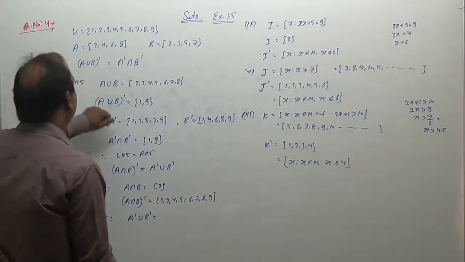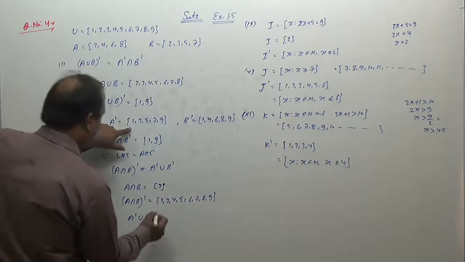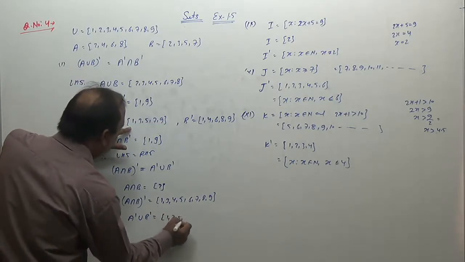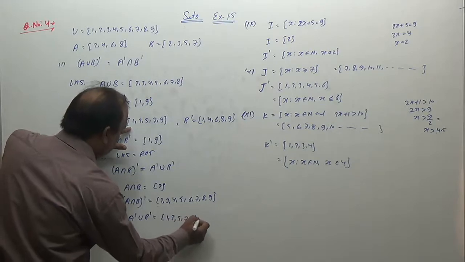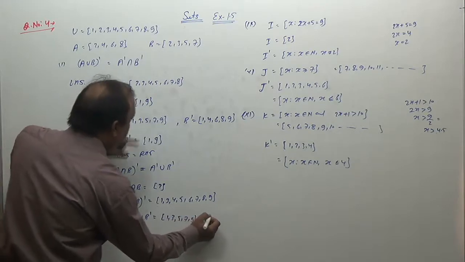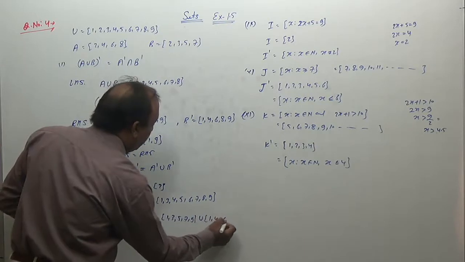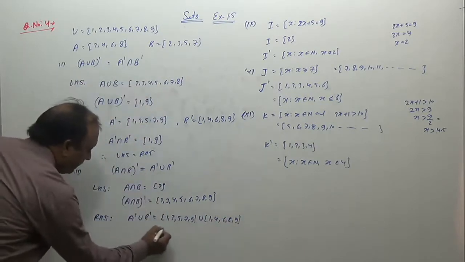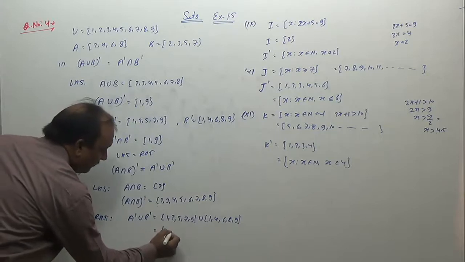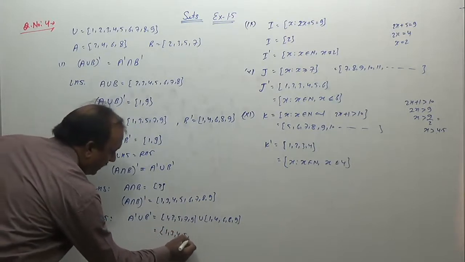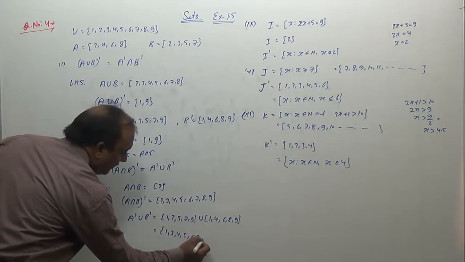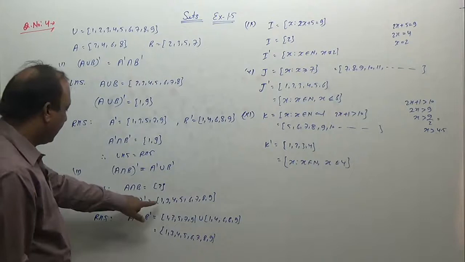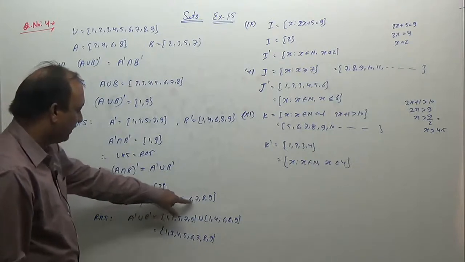We have already calculated them. A complement is the set of elements 1, 3, 5, 7 and 9, and union B complement 1, 4, 6, 8 and 9. So taking their union, that is 1, 3, 4, 5, 6, 7, 8 and 9. So the right hand side is 1, 3, 4, 5, 6, 7, 8, 9.